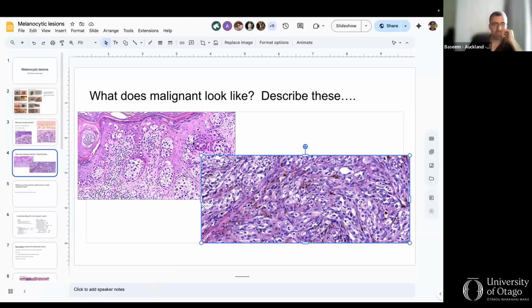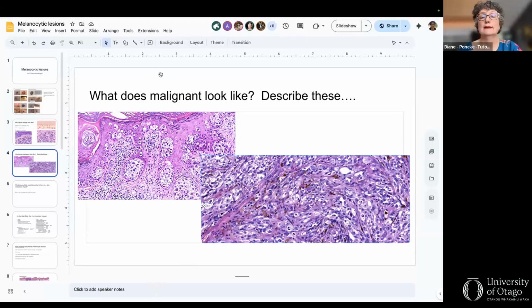Is that your understanding, Basim? Yes, the answer is no. They are only prognostic in uveal melanoma. So how do we know this is a melanocytic lesion? Because it has nests of cells here at the junction, which is very typically melanocytic, and pagetoid spread. So these are key features of melanocytic lesions.